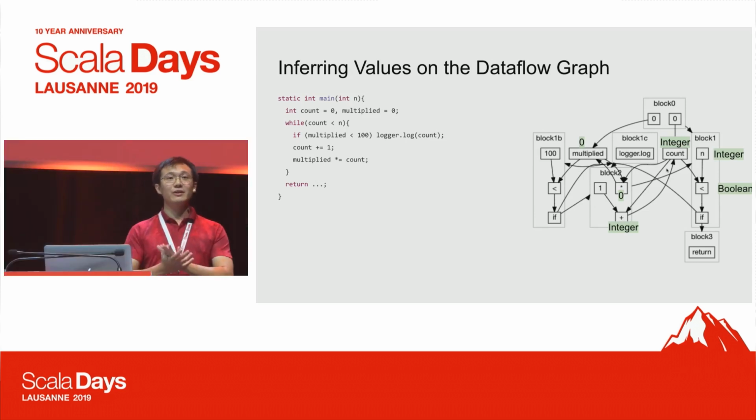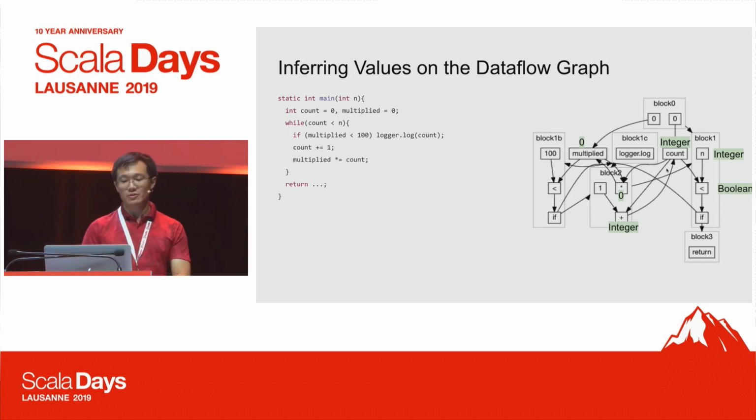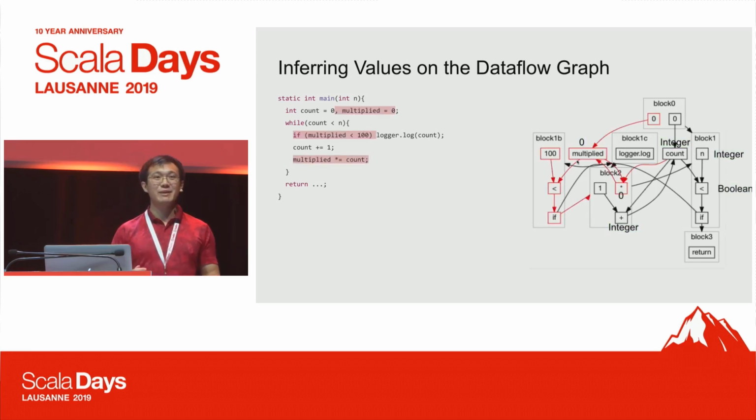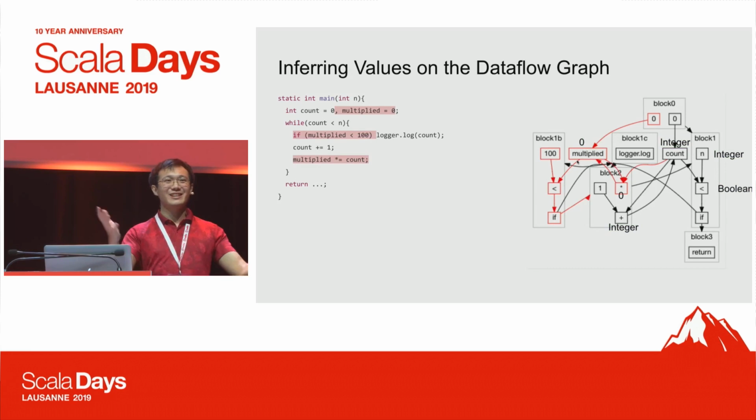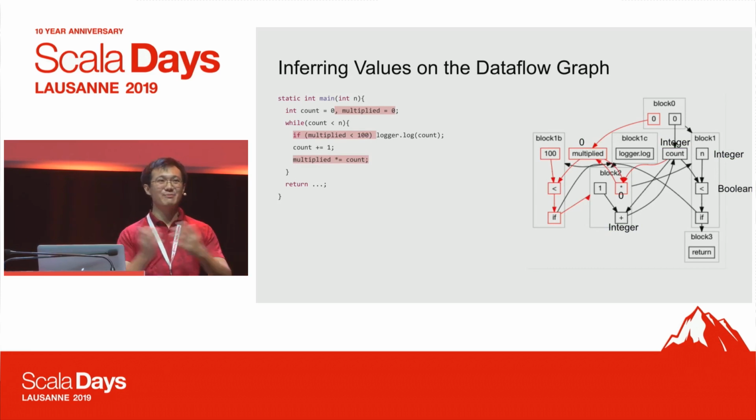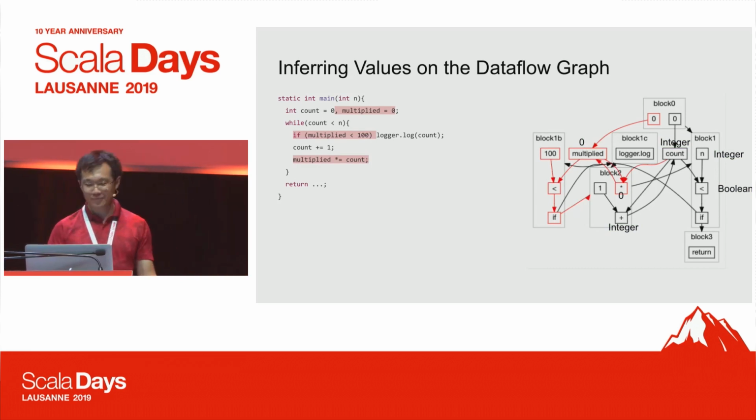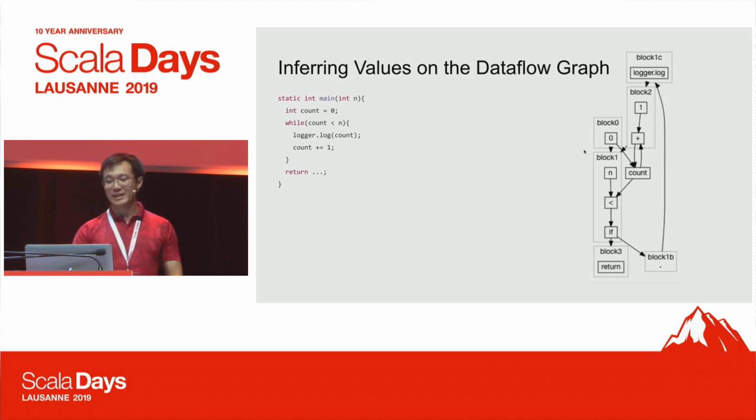So now that we've inferred all this, we can use this information to simplify the program quite straightforwardly. For example, we can take multiplied and just replace it with 0 everywhere it's used. And we can take all the code that computes multiplied, which we know is always going to be 0, and just remove that code since we know the output. So removing all that code from the data flow graph, we end up with this simplified data flow graph, where block 0 just has one 0 that gets assigned to this count variable.